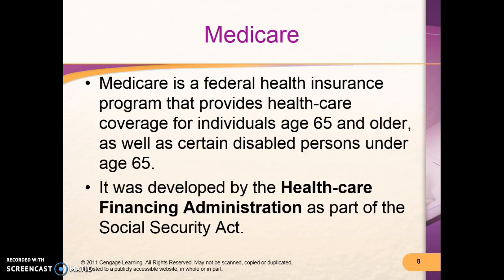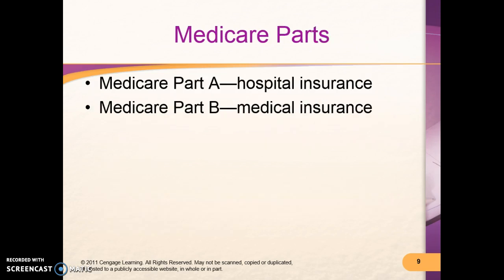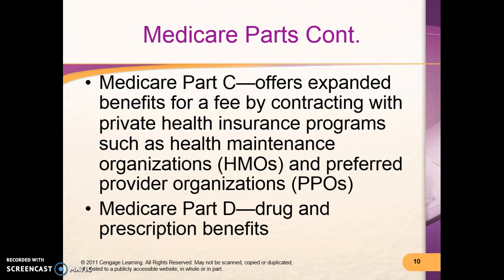Medicare is health insurance for those that are age 65 and older, and those who are under 65 but fall in some sort of disability category. Medicare falls into 2 parts: the hospital insurance piece, Part A, and the medical insurance piece, which is Part B. And then we have Part C, which is all about HMOs and PPOs, and then Part D, which is the drug benefits.